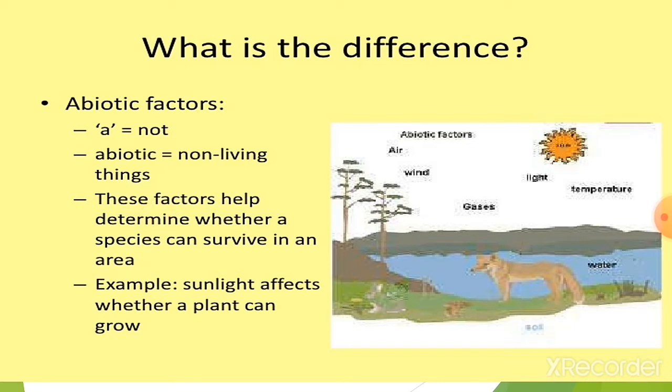So this abiotic factor will help the biotic factor to survive. Survive means they can live in the environment. For example, sunlight affects whether a plant can grow.